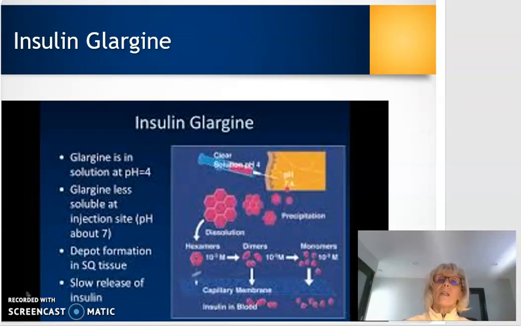And those slowly dissolve over time, kind of like an extended release tablet that slowly releases over time. That's what insulin glargine does. It helps to slowly release the ability to moderate the glucose levels over a long period of time. So this is a great insulin to give patients once a day in conjunction with one of the rapid acting.